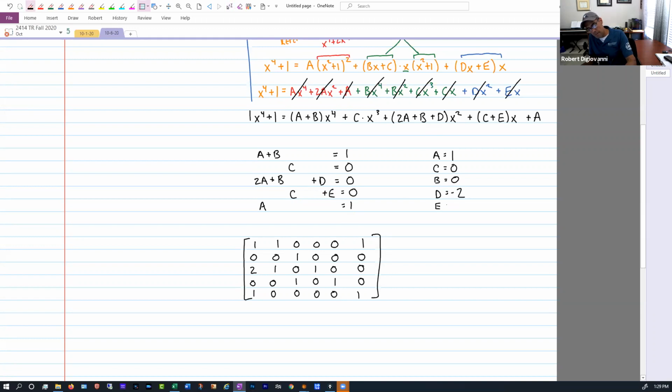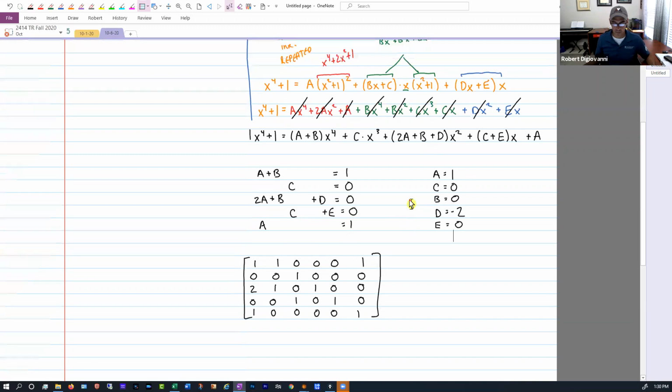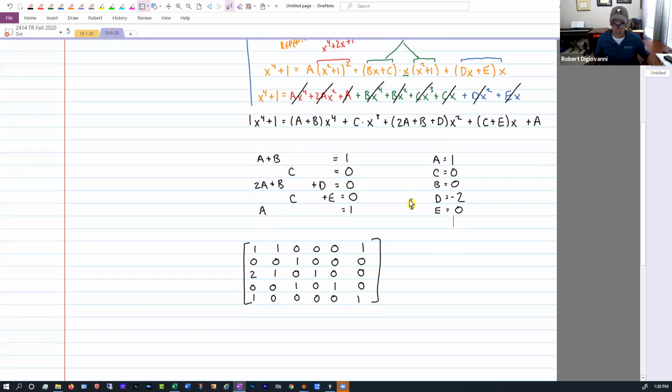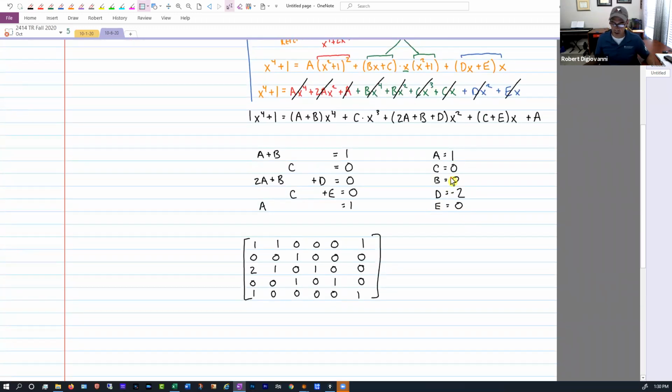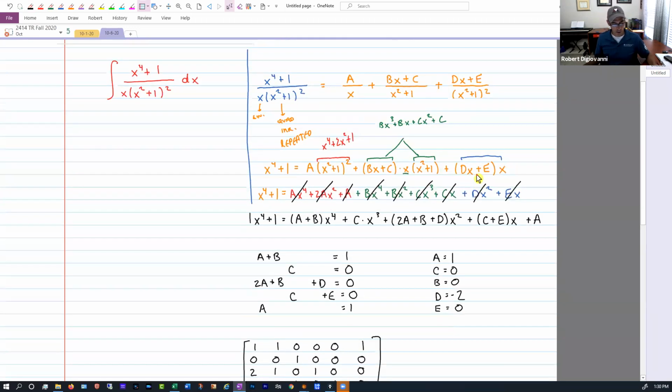So now you could do that with the RREF, okay? But I'm just showing you, with this particular one, you can just start plugging things in and figure out. Do whatever you're happier with. So these are the answers, but they're not written in order, so be careful. So here's what I have.